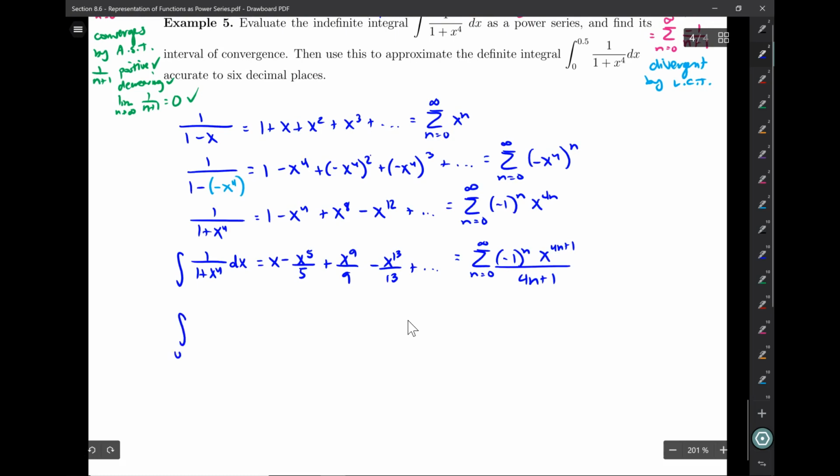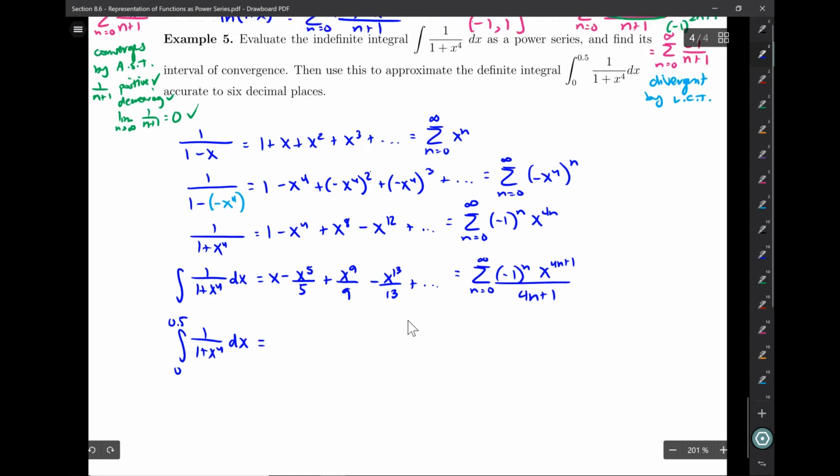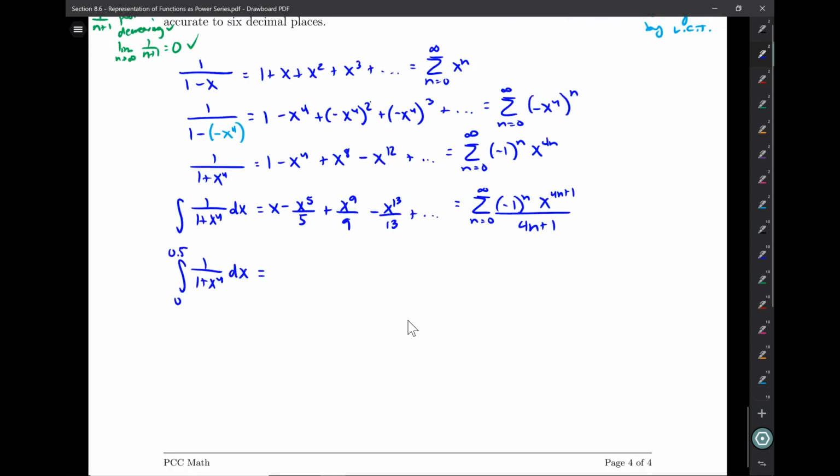So now I'm going to look at the definite integral from 0 to 0.5. I'm going to look at approximating this definite integral accurate to 6 decimal places.